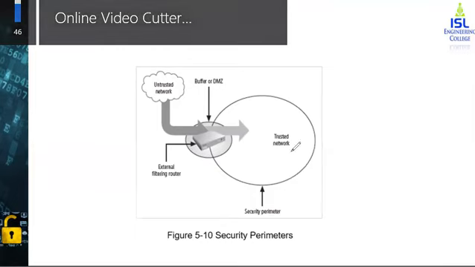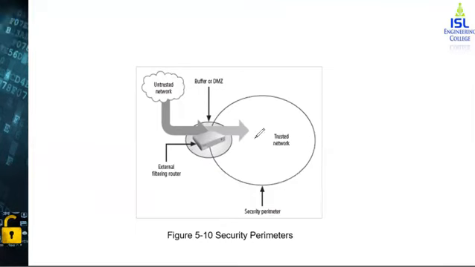So here you've got the trusted network. These trusted networks are within your security perimeter. That is, these are the ones that are trusted and come within your security perimeter. But if you've got an external filtering router, that is outside your security perimeter.